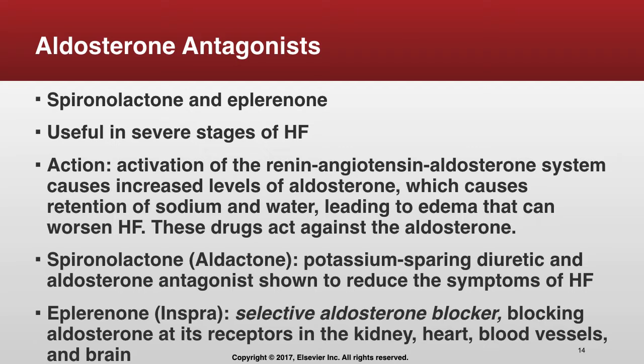So you might say, well, why is that an issue anyway? Well, renal hypoperfusion occurs as a result of reduced cardiac output, and that results in the activation of the renin-angiotensin-aldosterone system, which compensates for the hypoperfusion.